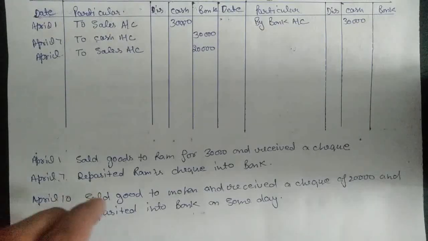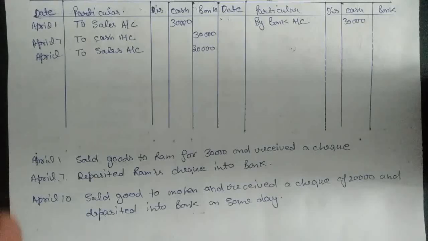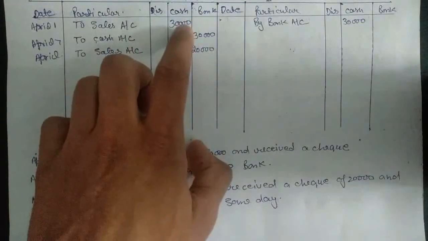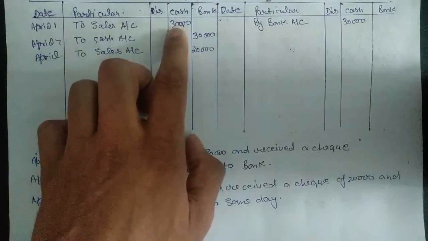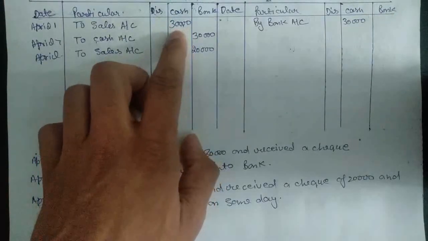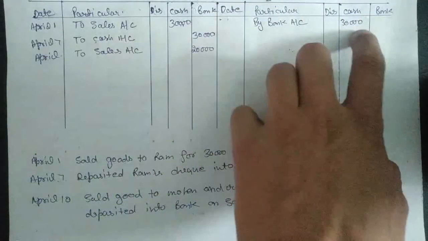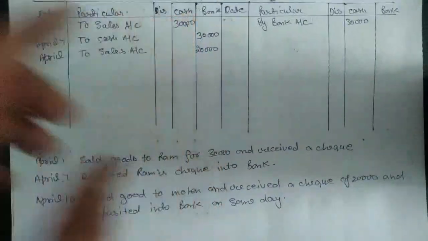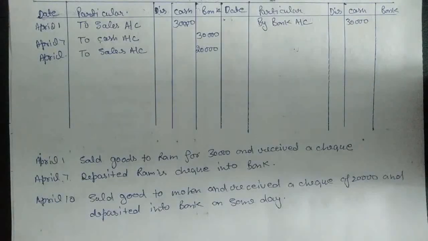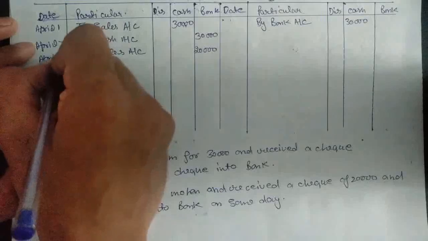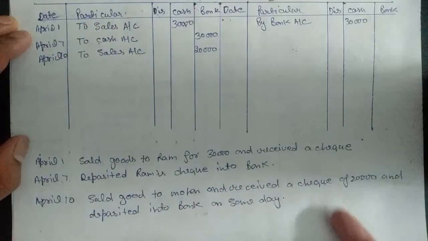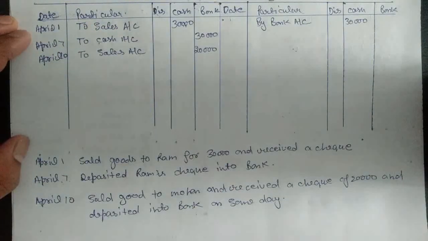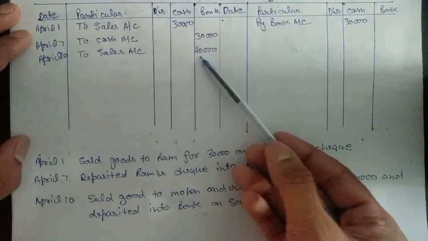In the first case we use two entries because we are depositing that check after a few days into the bank. So we first increase our cash balance, then decrease it and add to the bank balance on the day when we are depositing into the bank. In the other entry on April 10th, when we received the check and deposited it on the same day, we directly increase the bank balance.